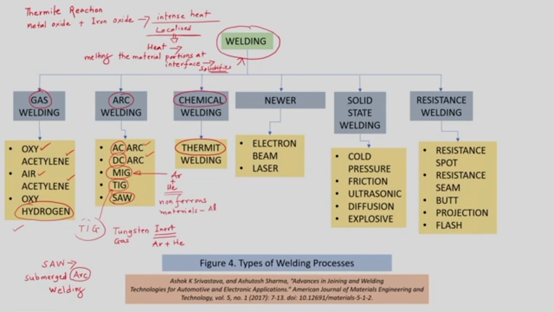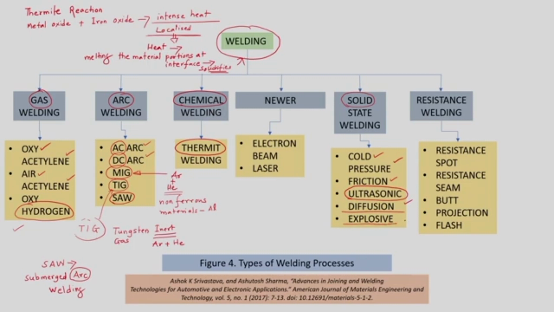There are certain processes in which we are not using the material in its liquid form to get fused together. So, here we are using the material in its solid form. These types of processes are cold pressure, friction, ultrasonic energy, diffusion process and explosive welding process.